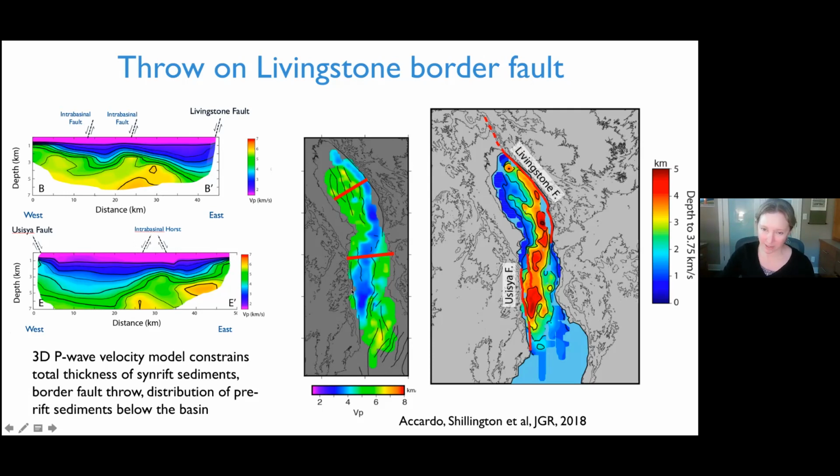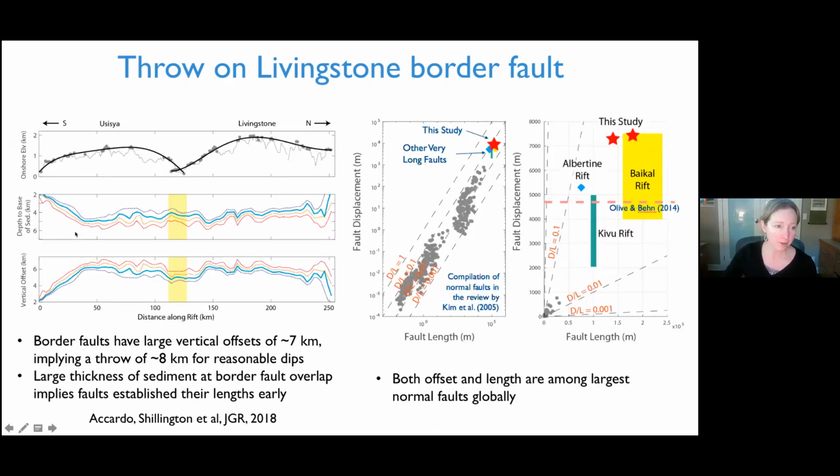As we go into the central basin, the polarity reverses and sediments now thicken to the west against the Nyasa fault. But using this model, we can constrain the thickness of sediments within this basin, and use that together with the elevation of the Livingstone fault to look at the total vertical offset on that fault and estimate the total throw. That's what's being shown here.